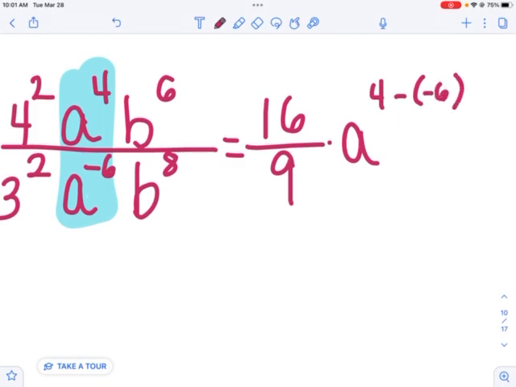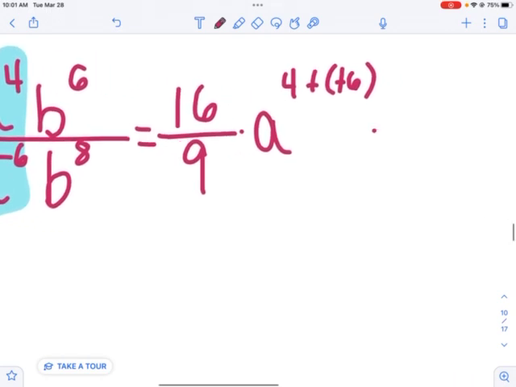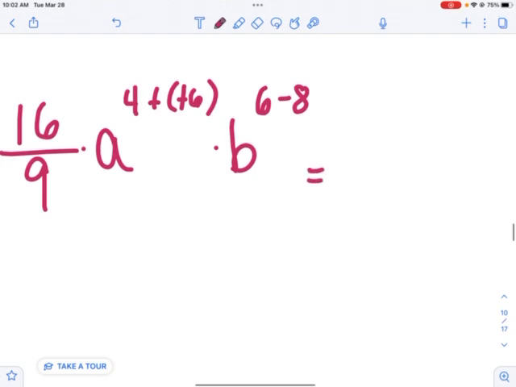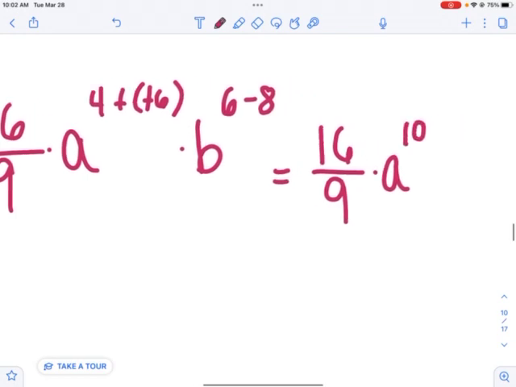Make sure you do that two pencil mark trick. Times b to the 6 minus 8. I continue. I still have 16 over 9, but I have it times a to the 10th, right, 4 plus 6, and then times b to the negative 2.